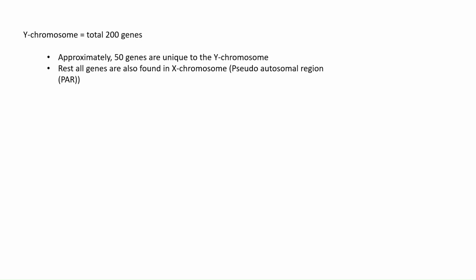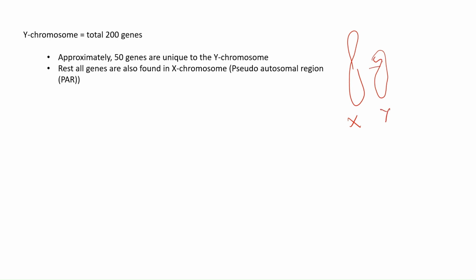Now the Y chromosome contains around 200 genes, and approximately 50 genes are unique to the Y chromosome. The rest of the genes are also found on the X chromosome, and hence this is known as the pseudo-autosomal region. Why pseudo-autosomal region? Because this is the X chromosome and this is the Y chromosome.